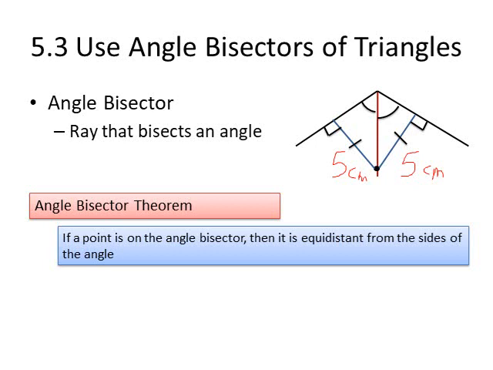So the two distances from the point to the sides are equal. So I will give you an example. If the blue line equals 5, what about the other blue line? We will see that.